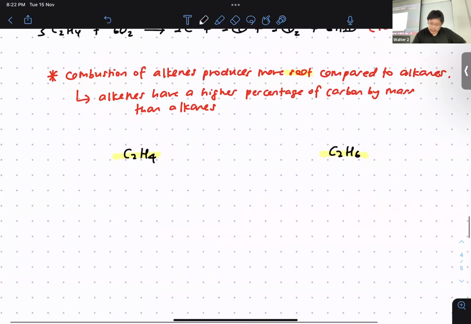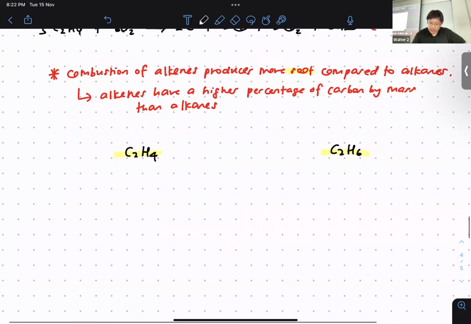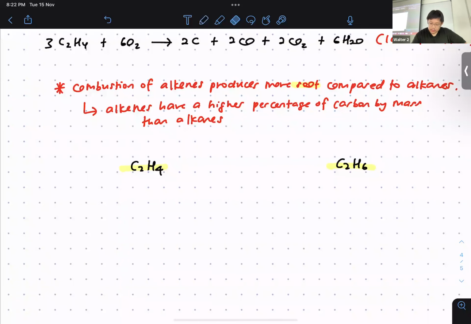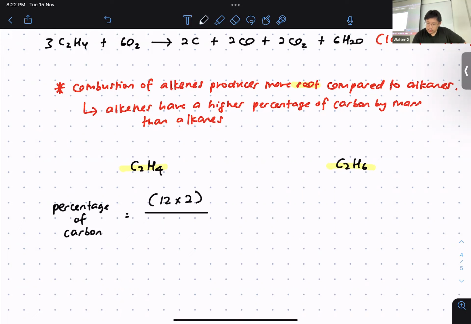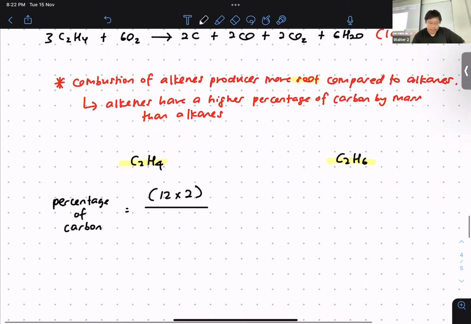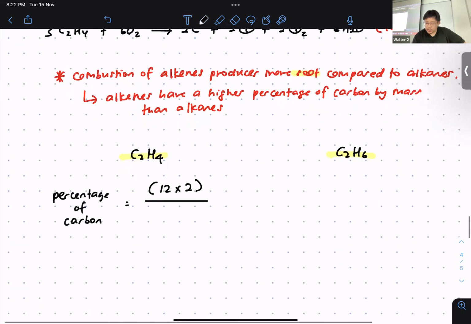So percentage of carbon will be 12 times 2, because there are two carbon atoms per molecule. 12 times 2 divided by the molar mass of ethene multiplied by 100.